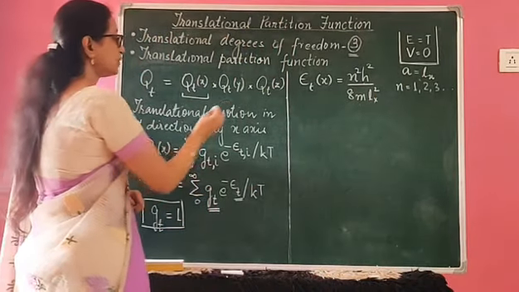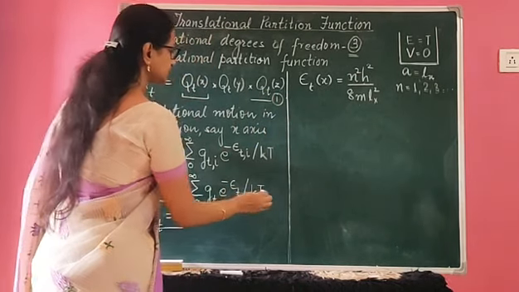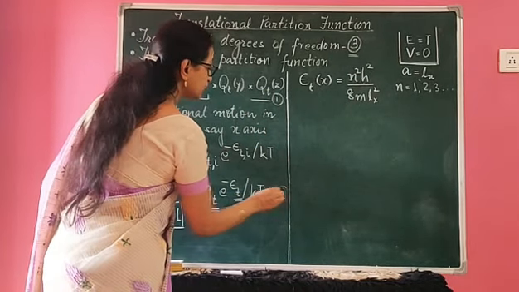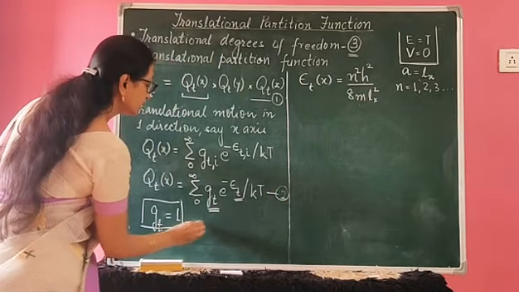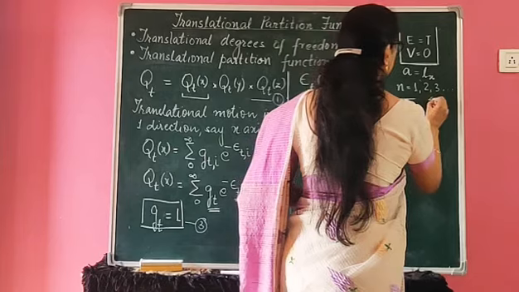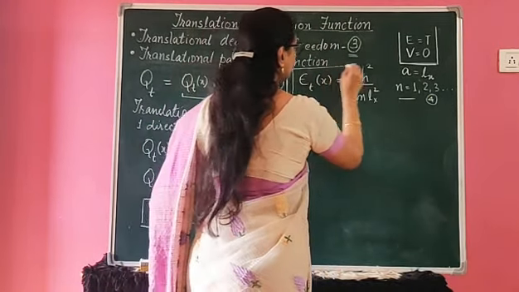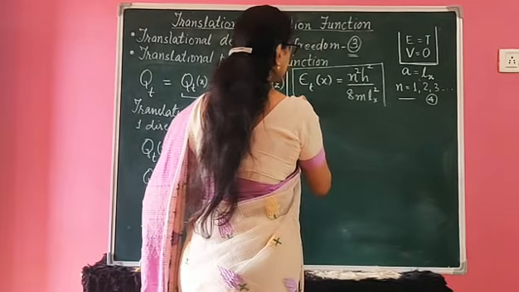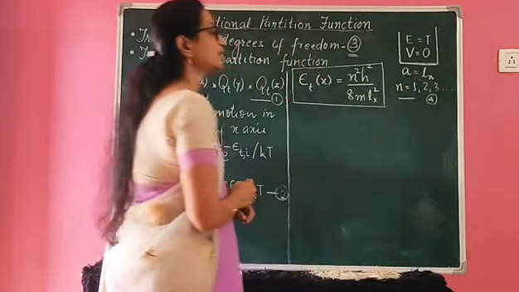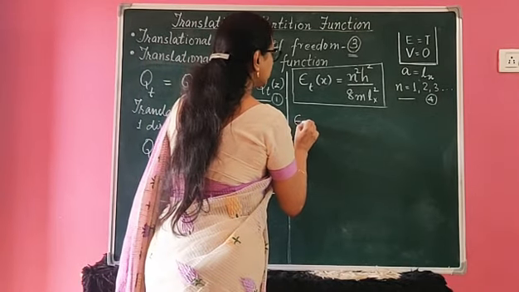Now let us number these equations. Let this be equation number 1, equation number 2, 3, and equation number 4. We can get this equation by simply taking the kinetic energy formula also. Let us derive it.